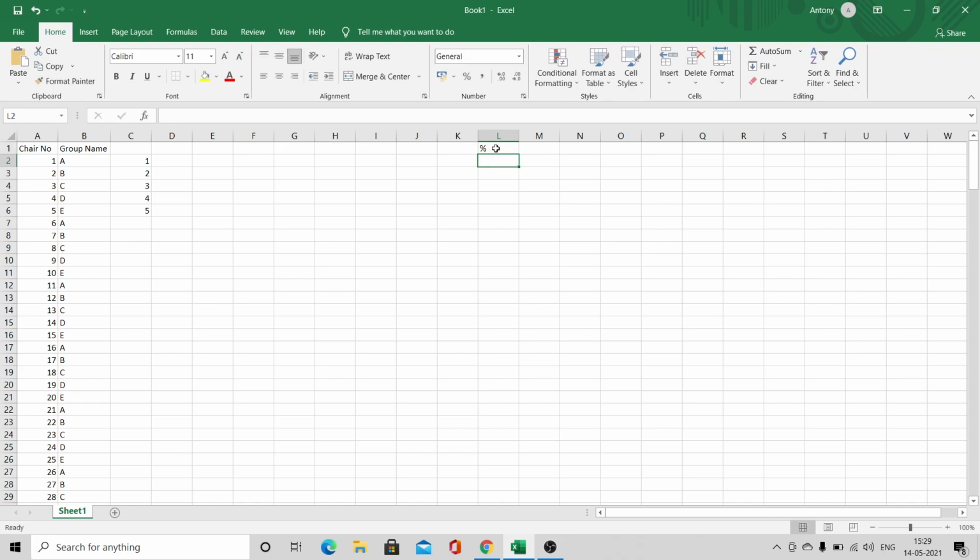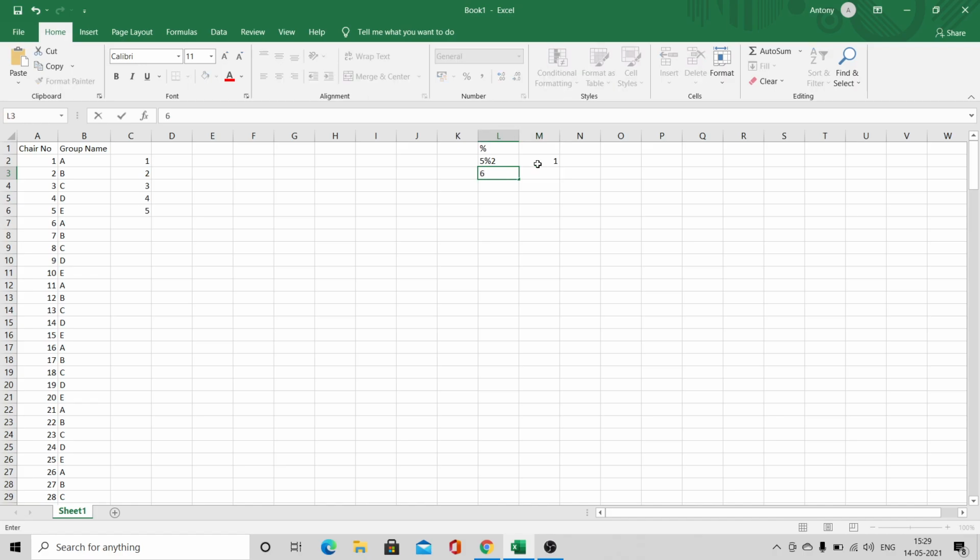If I give 5 mod 2, what will be the output? 5 mod 2 will be 1, right? The output will be 1.